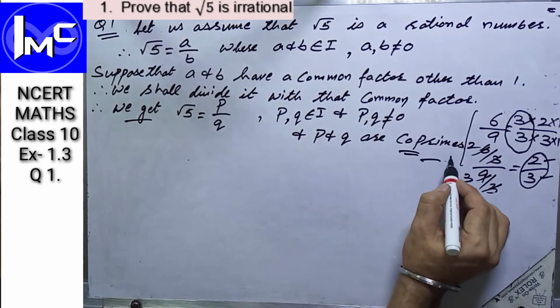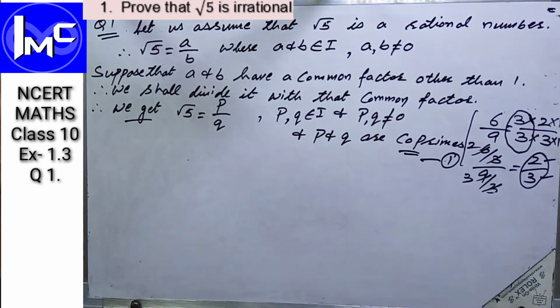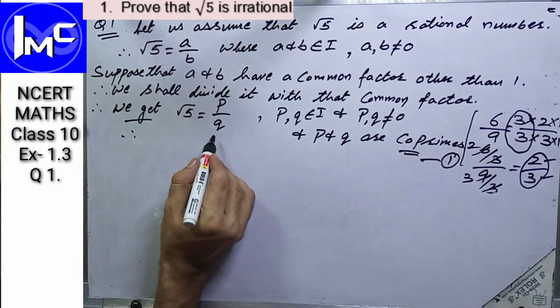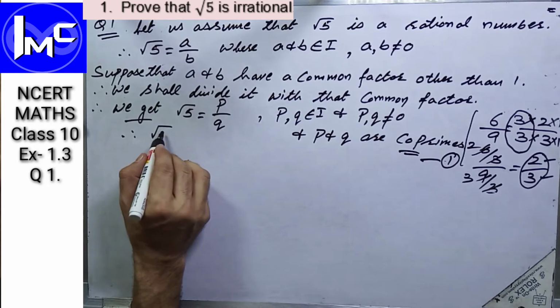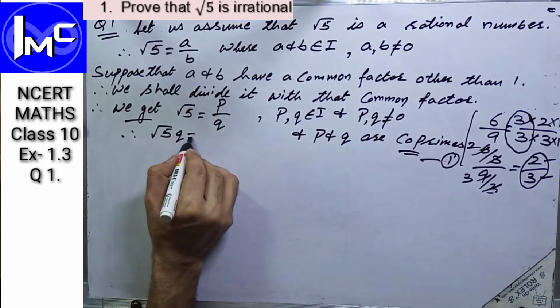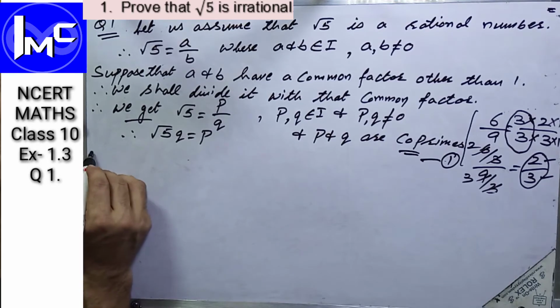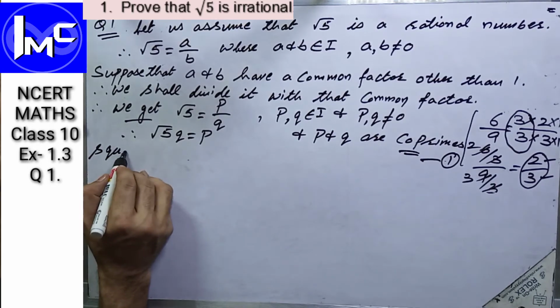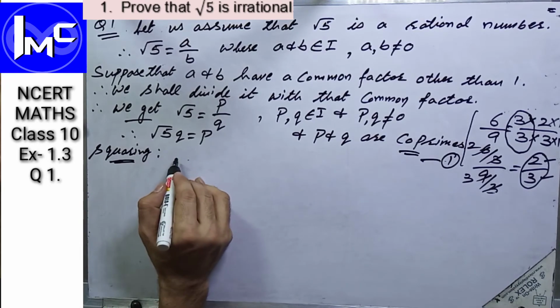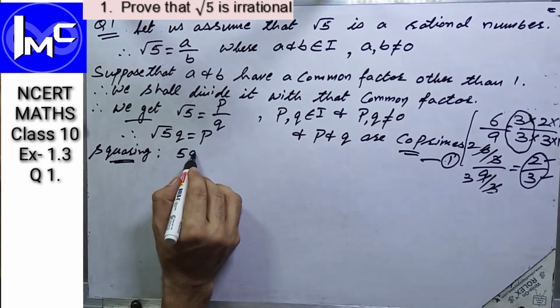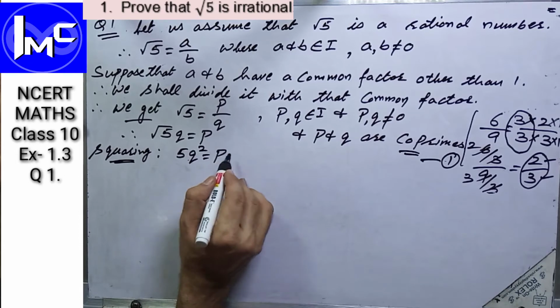This is number 1. Therefore, now we will solve this algebraically. Under root 5 q is equal to p, squaring both sides, we shall get 5q square is equal to p square.